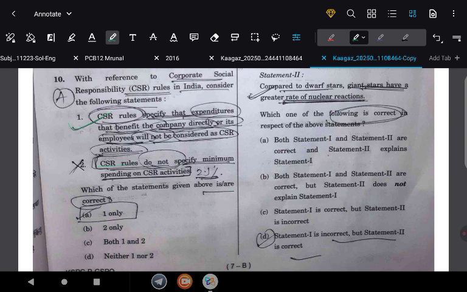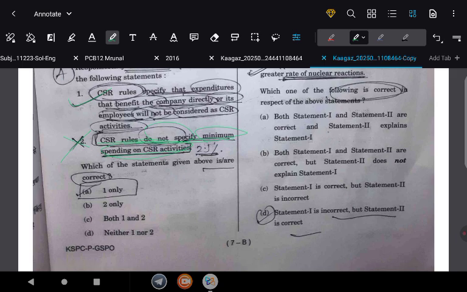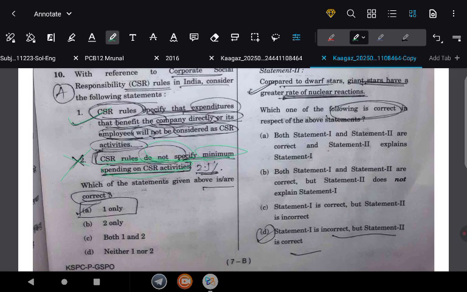And the second statement: CSR rules do not specify minimum spending on CSR activities. Again, no. Why would they not specify minimum spending? Then probably someone would be spending just 0.1% of their net annual profits on CSR, and then they would be calling themselves a company which is compliant with CSR rules.